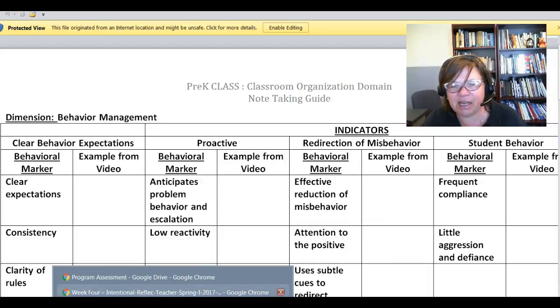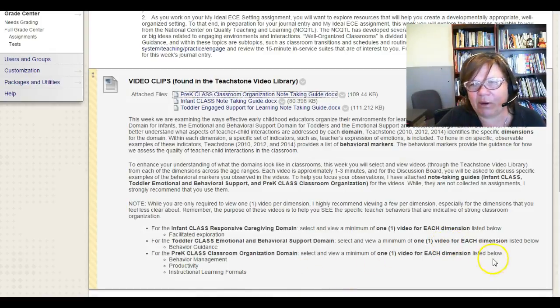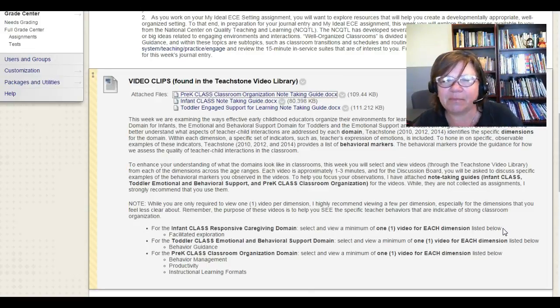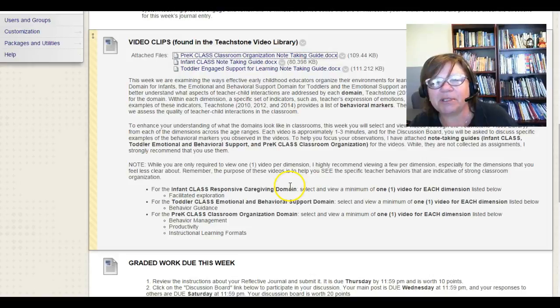CLASS is very, very specific and particular. And when we're observing you as university supervisors, we're looking for very specific markers, and that's what you're learning to do. And if you learn to do that, then you're going to be able to do that with children and really watch your own behavior really carefully. So it's a really awesome opportunity.